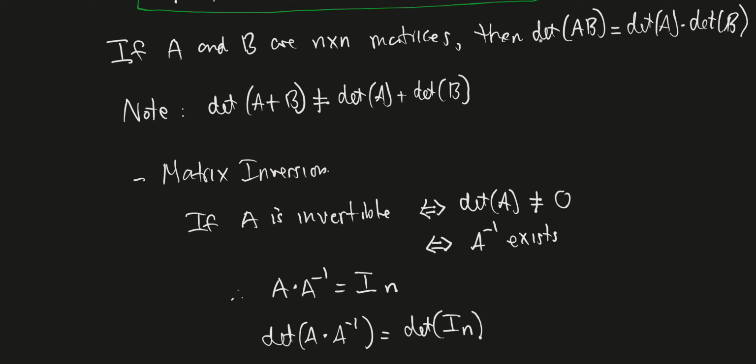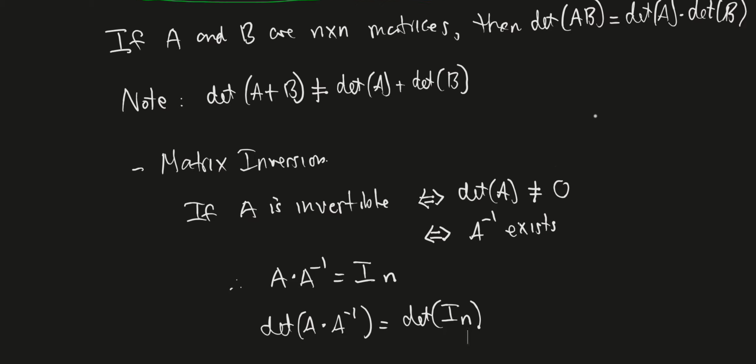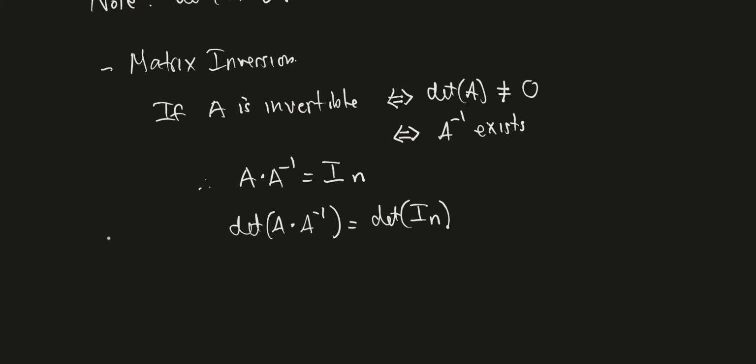If I'm taking the determinant of AB, I can write that as the determinant of A times the determinant of B, right? So I'm going to use that property here and simplify the left-hand side. So this is equal to the determinant of A times the determinant of A inverse.